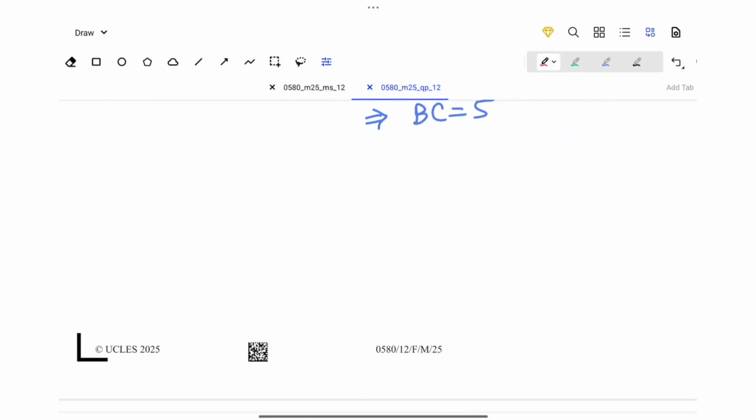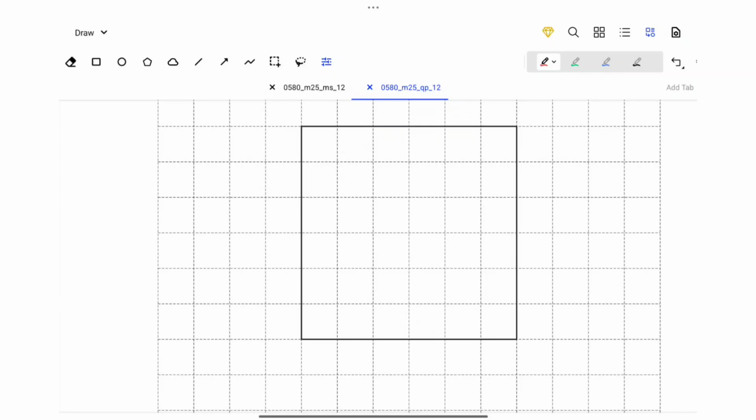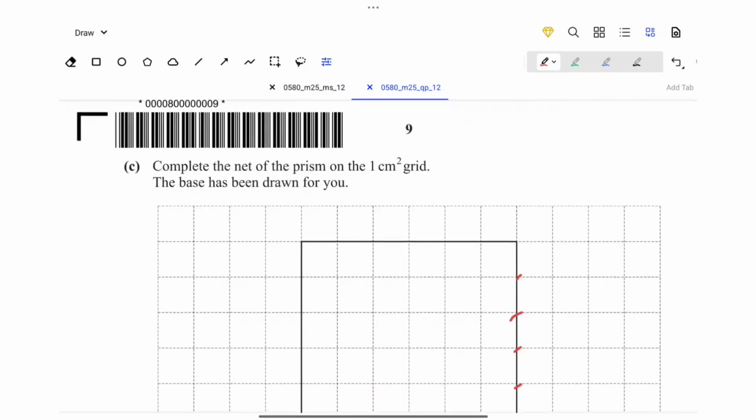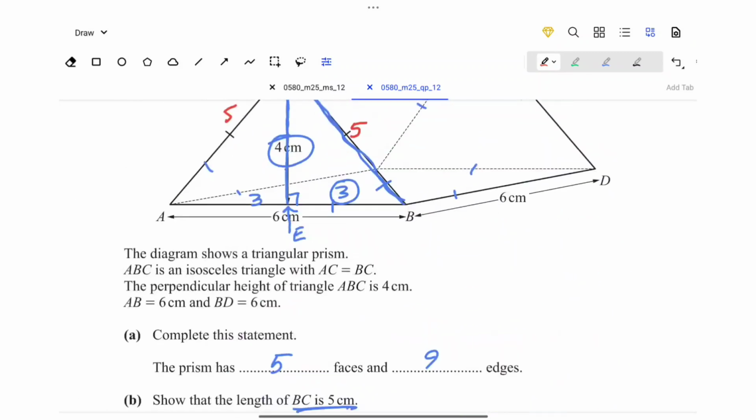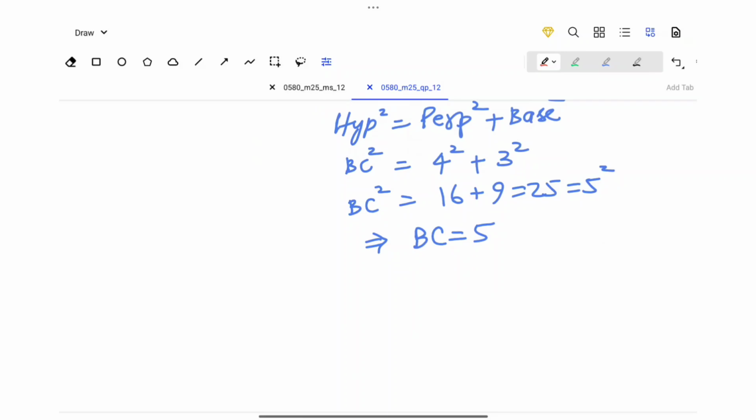Square is drawn. I guess square is drawn here. So what is this square? It is 1, 2, 3, 4, 5, 6 sides, and 1, 2, 3, 4, 5, 6. Square is drawn. So 2 rectangles we have to draw, whose sides are 5 and 6.